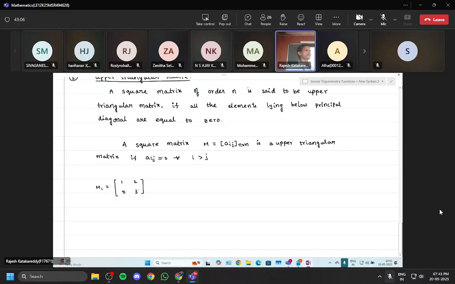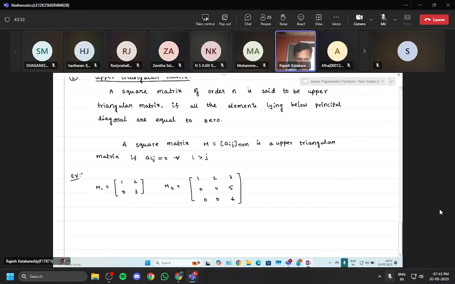Below the principal diagonal, every element should be 0. That is an upper triangular matrix. Similarly, another example, this matrix I am naming M2, of order 3: 1, 2, 3, 0, 4, 5, 0, 0, 6. Again, every element below the principal diagonal is 0.